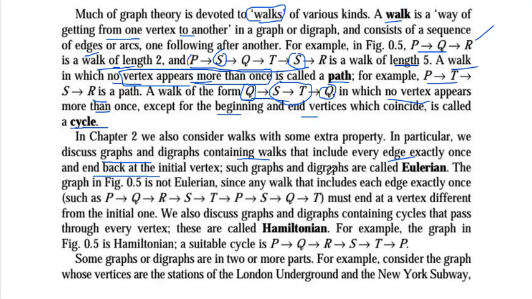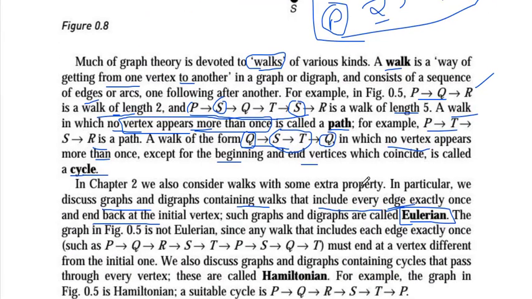Such graphs and diagrams are called Eulerian graphs. So the next type of graph is called Eulerian. All the edges are connected, each edge is included exactly once, and the walk ends back at the initial vertex. Such graphs are called Eulerian graphs.